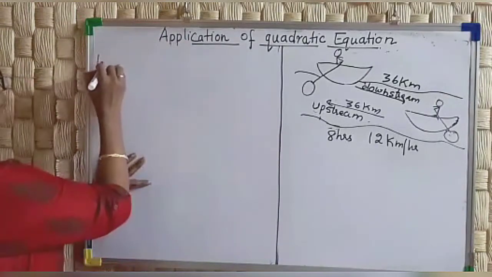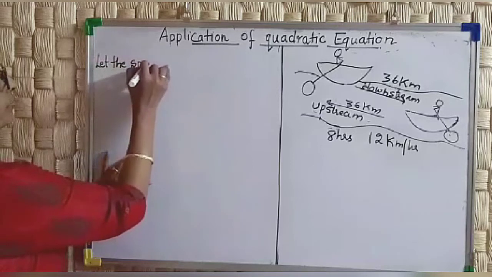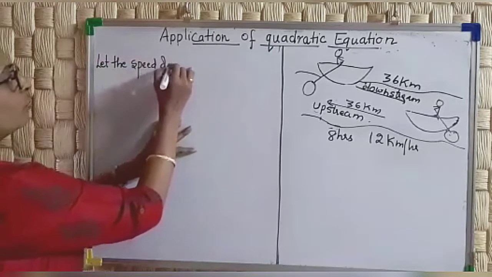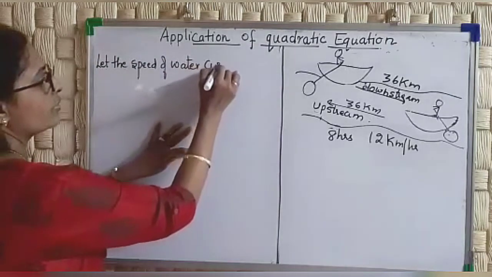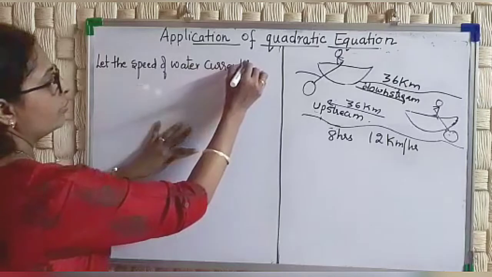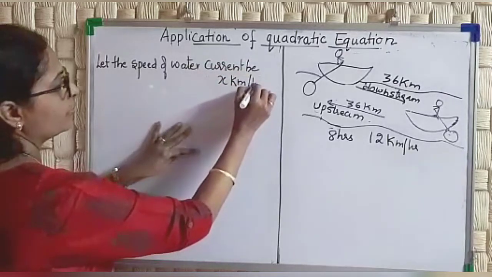So, let the speed of water current be x km per hour.